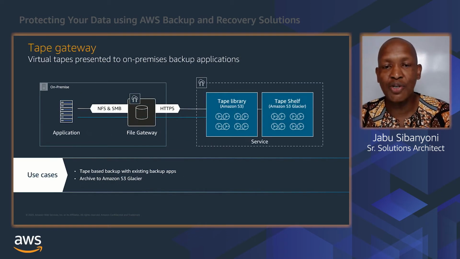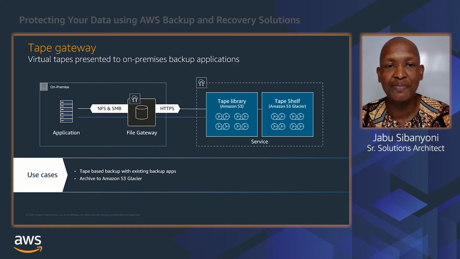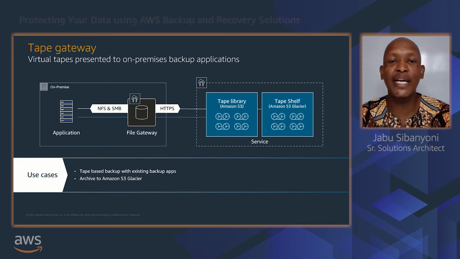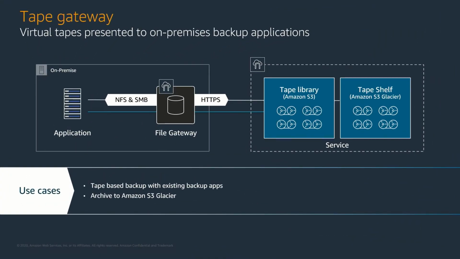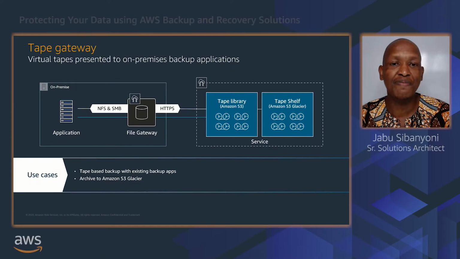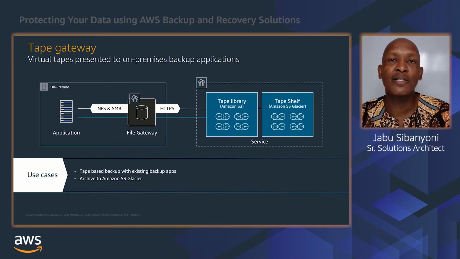Another type of Storage Gateway is the tape gateway. What tape gateway provides is that you are now able to replace your physical tapes in an on-premises environment with virtual tapes on AWS without even changing your existing backup workflows. This allows you to store or archive your data in an AWS service such as Amazon S3 Glacier, allowing you a cost-effective and highly durable storage service in the cloud for your tapes.